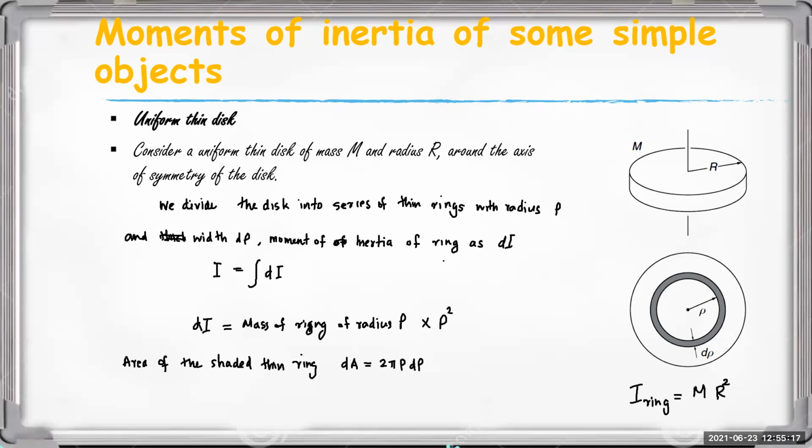And here, we know that m is the mass of the disk and A is the area of the disk.